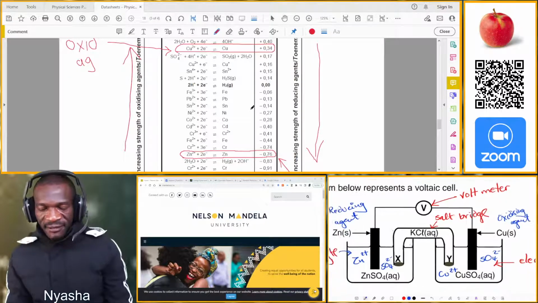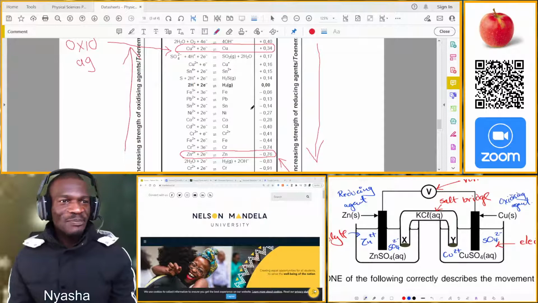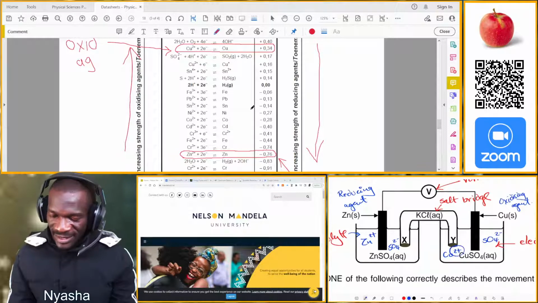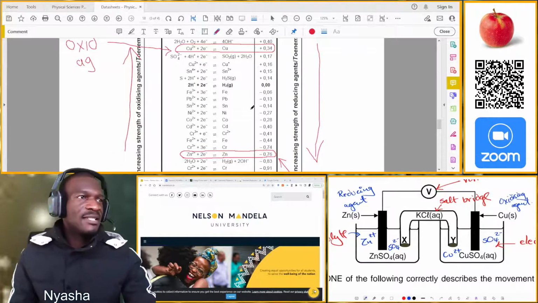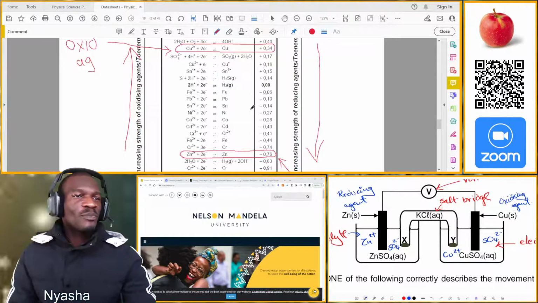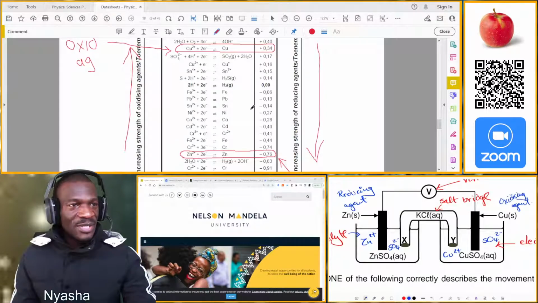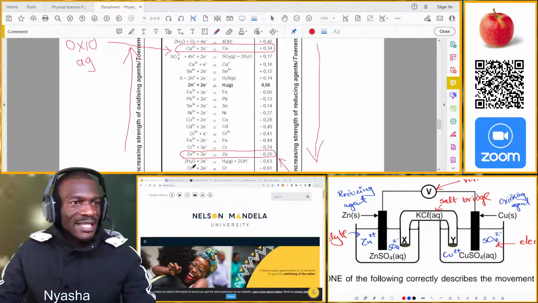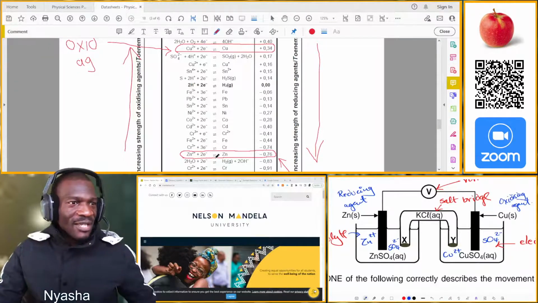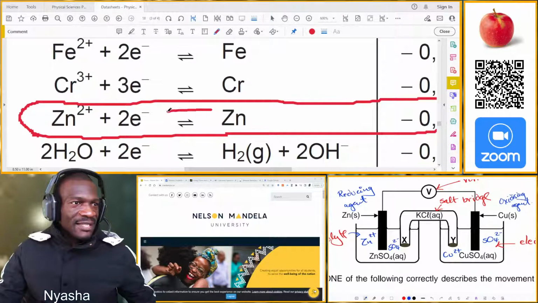So, if zinc is the reducing agent, what is to reduce? To reduce is to lower the oxidation state of the species that this reducing agent is working on, isn't it? So if it is our reducing agent, what is actually going to take place is it will donate some electrons. So our chemical reaction for the reducing agent is going to be in this direction.